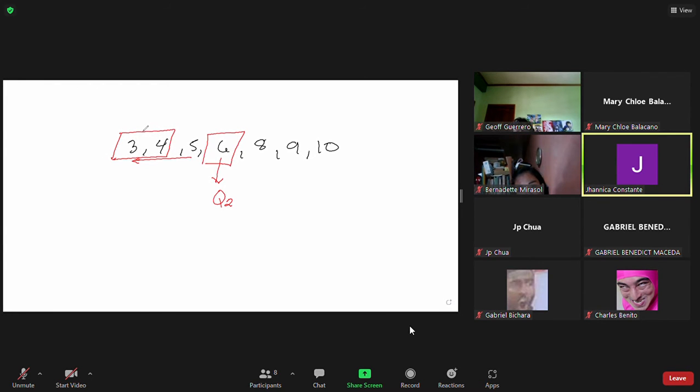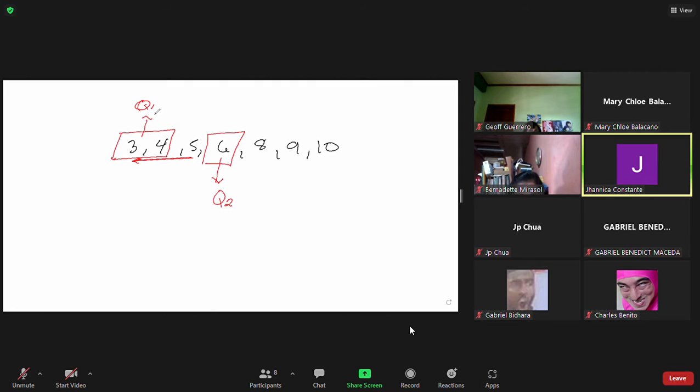That is your quartile 1. Once you identify the middle, if the remaining numbers on both sides of your data are odd in count, get the first two, add, and then get the half.